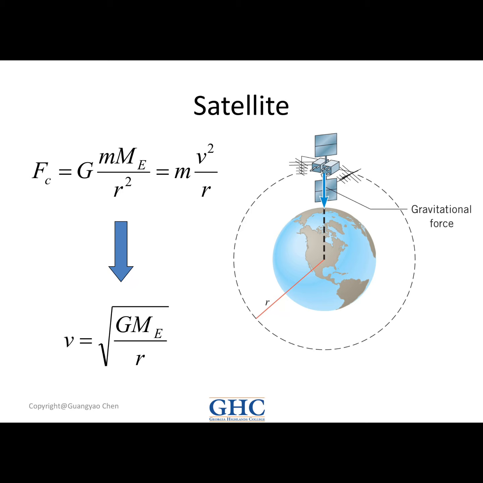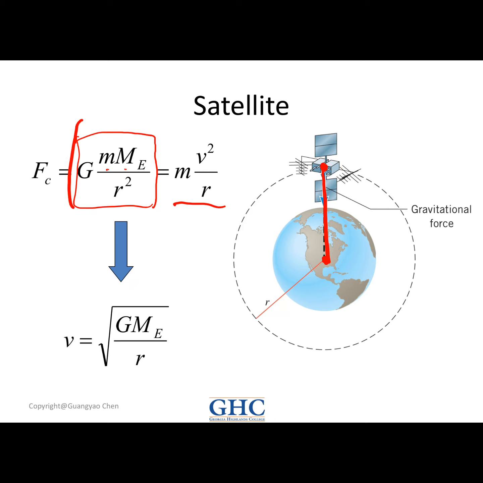Now let's discuss satellites. When a satellite is orbiting Earth, what's the force keeping the satellite in its orbit? Of course, it's the gravitational force from the Earth. The gravitational force on the satellite should be calculated like this: G, mass of the satellite, mass of Earth over the distance from the satellite to the center of the Earth squared. And the gravitational force should equal the centripetal force of the satellite doing uniform circular motion. The centripetal force of uniform circular motion is mv squared over r.